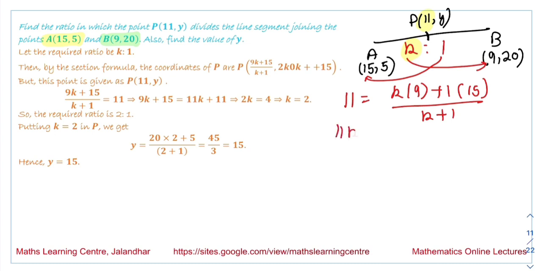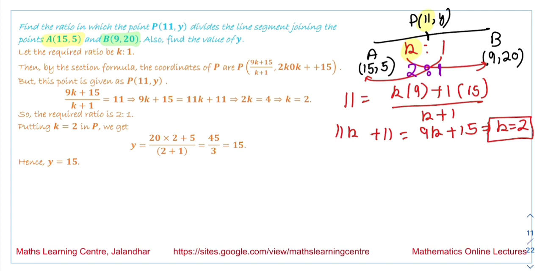So we get 11k plus 11 is equal to 9k plus 15. So this gives us the value of k is equal to 2. It means this point P divides the segment in the ratio 2:1.